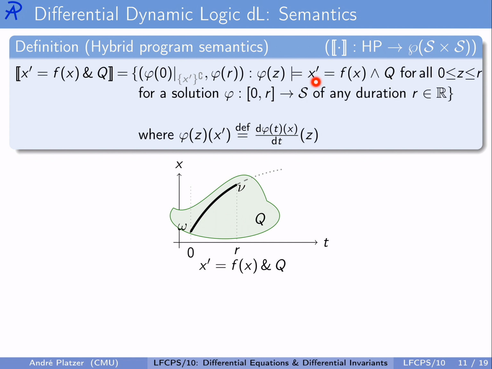But the x prime needed a value and the meaning, of course, in order to be able to ask whether in the state phi of z the logical formula x prime equals f of x and q is true. And for that, we said already in the second lecture, in the third lecture, that the value at time z of the variable x prime is the time derivative that the value of the variable x over time t, as the time is changing, has at the intermediate point in time z.